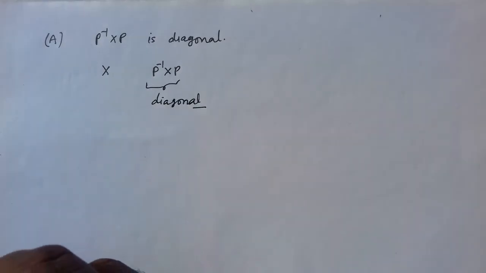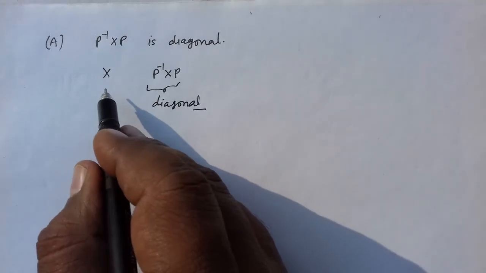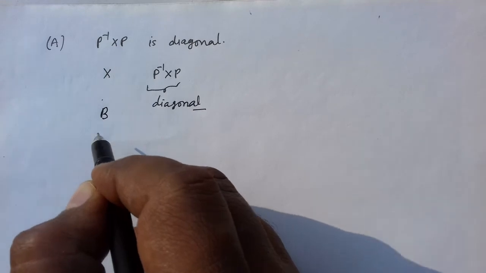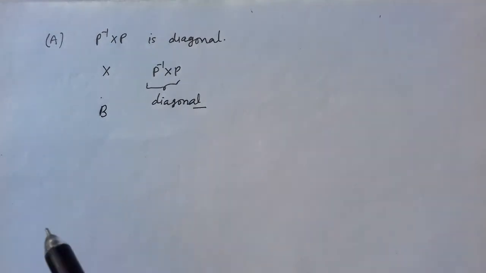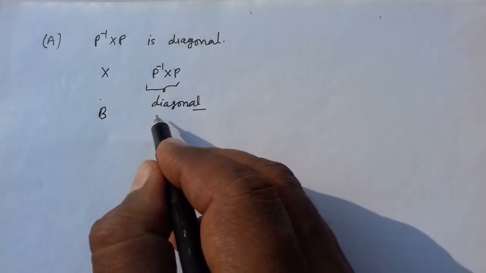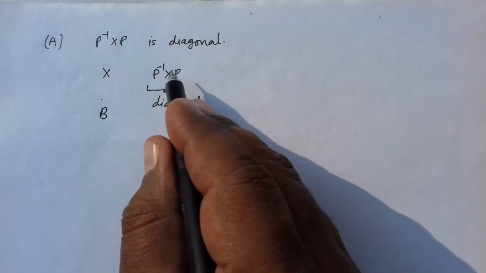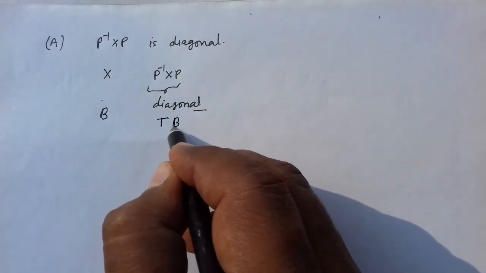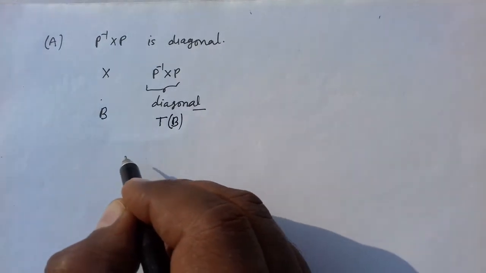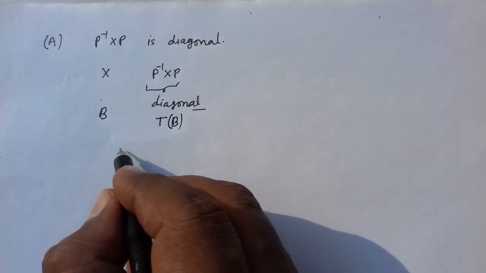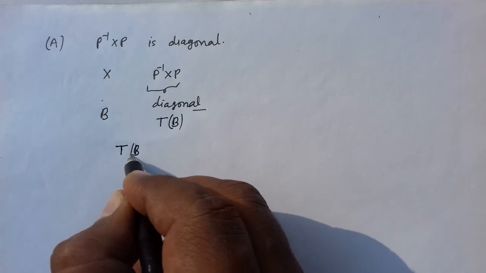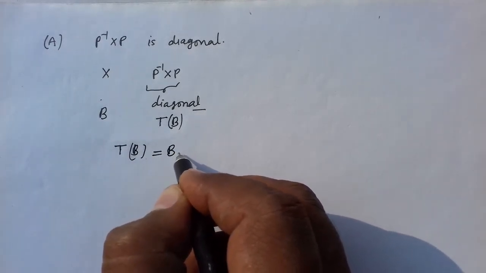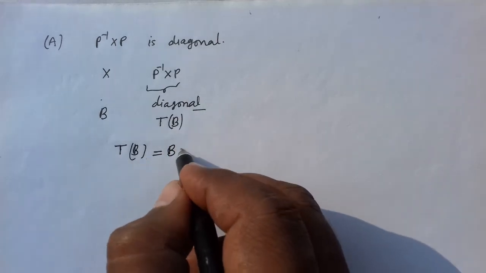now according to the question, suppose the basis is B. If you take the linear transformation, then the basis corresponding to this matrix will be TB, and by the formula you know that TB equals B into this matrix.